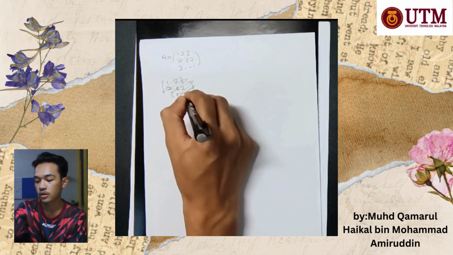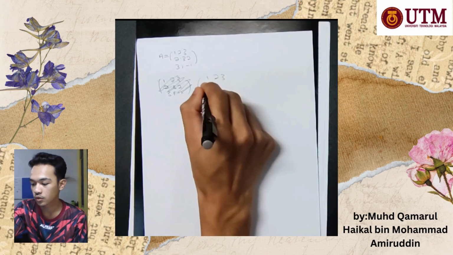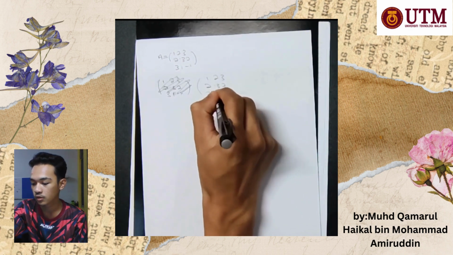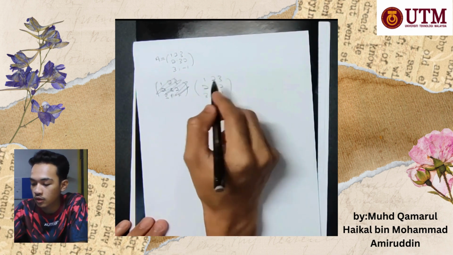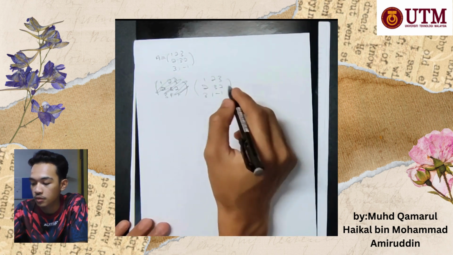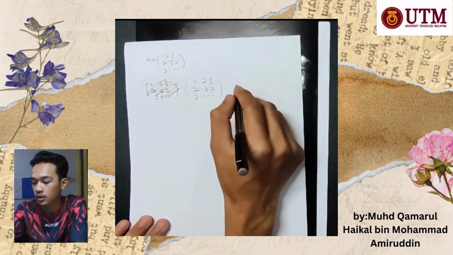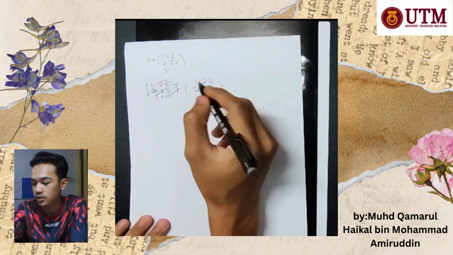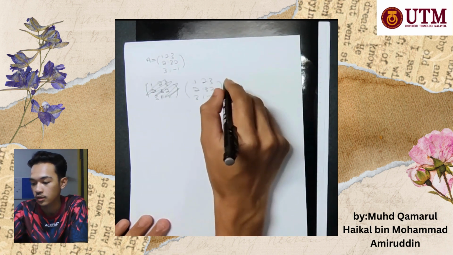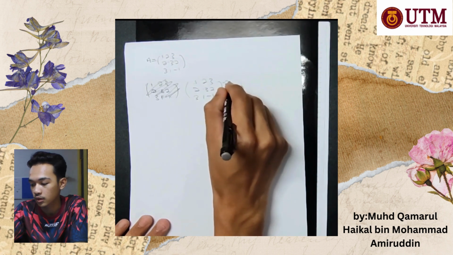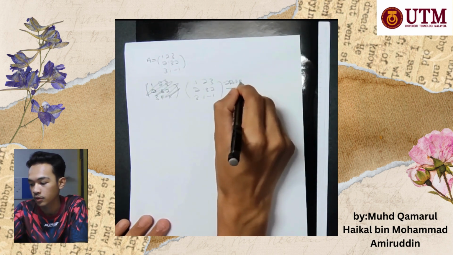Wait a minute, I write again. It's 1, 2, 3, 2, negative 3, 2, 3, 1, negative 1. The step is we must change 2 to a 0. So what must we do? If we want to change the 2 to a 0, we multiply row 1 by negative 2 plus row 2.